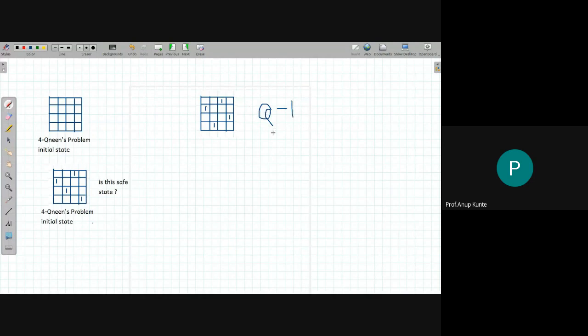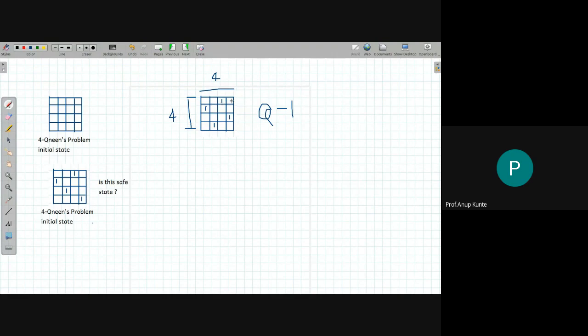Assume that we slightly modify our chess board to have 4 rows and 4 columns. If I consider this my chess board of size 4 cross 4, with 4 cells in the rows and 4 cells in the columns, and I assume that this vertical dash means a chess queen.